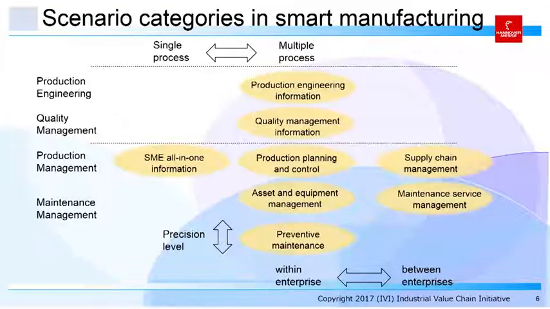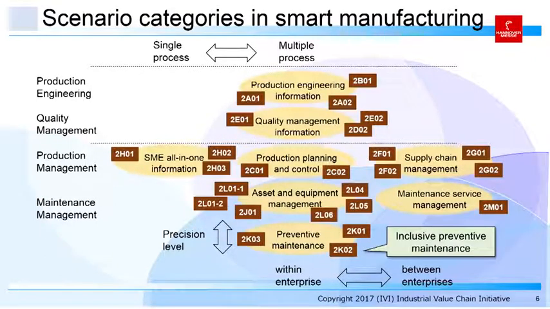To make a clearer picture, these 8 categories can be mapped on several dimensions. One dimension could be like this: there are business functions, product engineering, quality management, and so on.